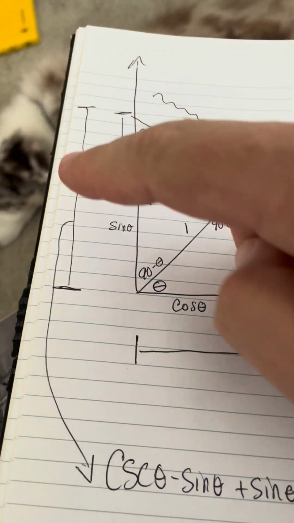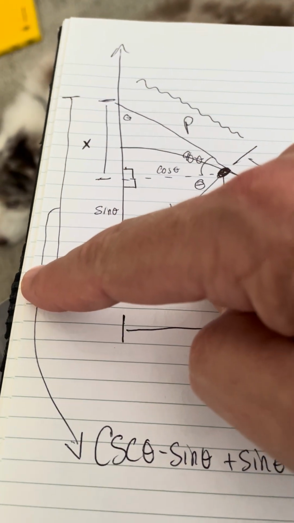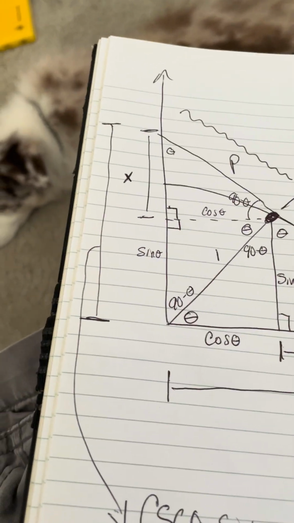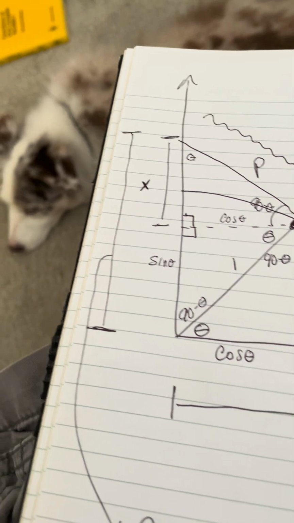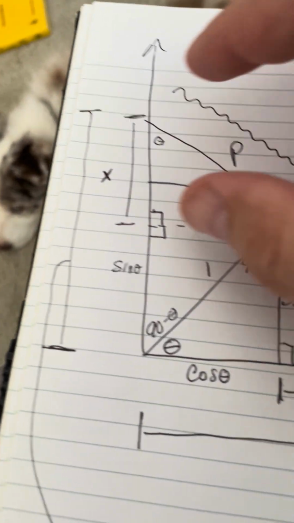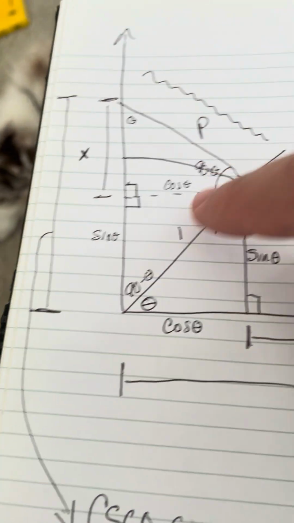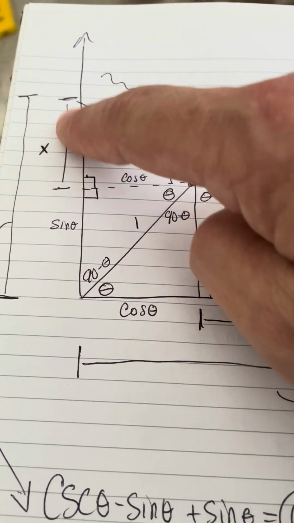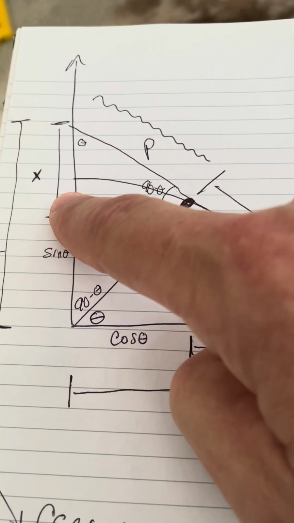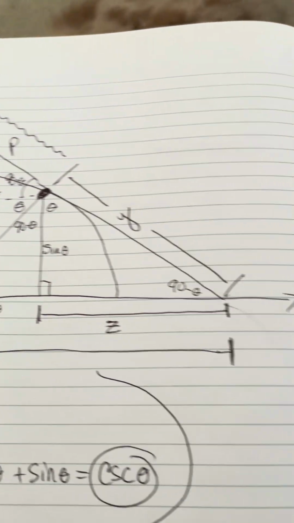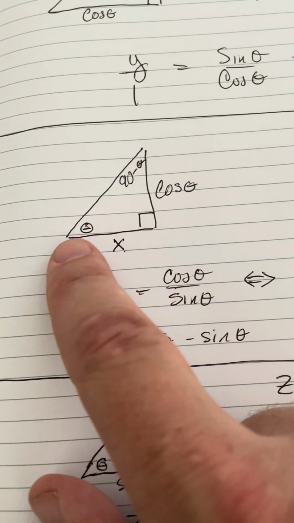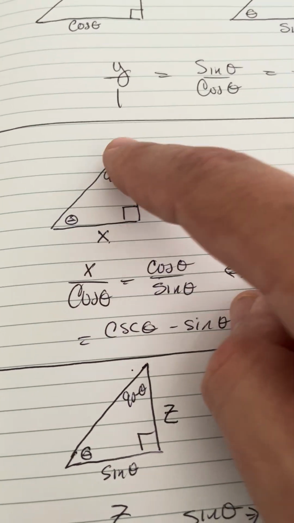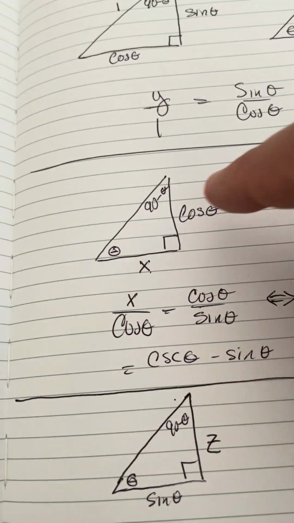Now, I'm going to show you that this segment is the cosecant. To do that, I'm going to find this segment. So I'm going to look at this triangle here. I'm going to call this piece x. And so when I lift this triangle up and I lay it down, it's going to be x, it's going to be cosine, I'm going to have theta and 90 minus theta.